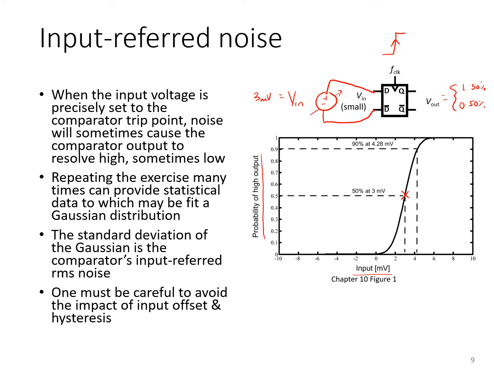So that would tell you one point on this plot of input voltage versus the probability of high output voltage. Now you can repeat the simulation another, let's say, 100 times with a different value of differential input. Let's say you apply an input of about 4.3 millivolts, perform another 100 simulations of a single clock cycle, and this time you find that the output's high 90% of the time and low 10% of the time.